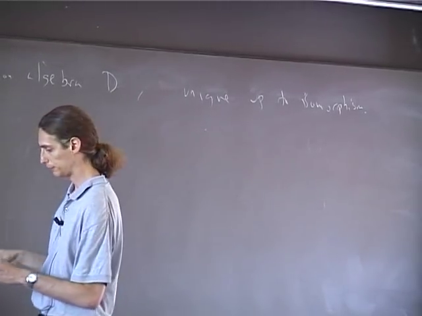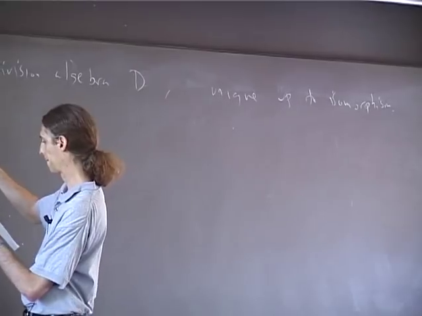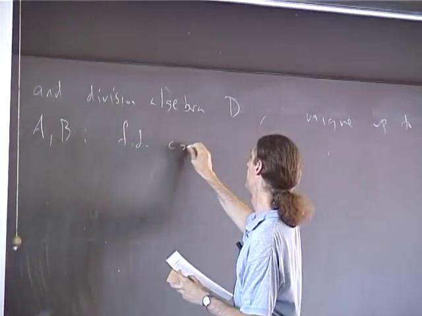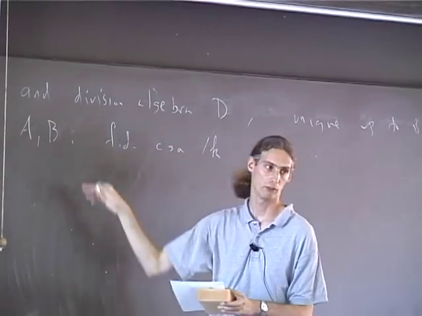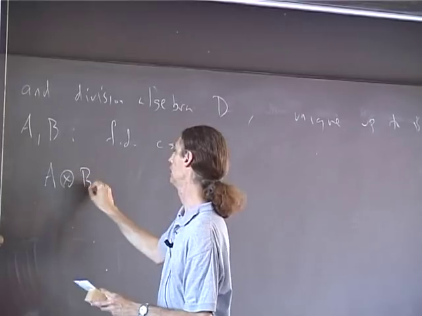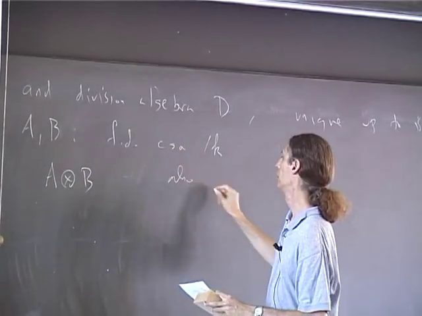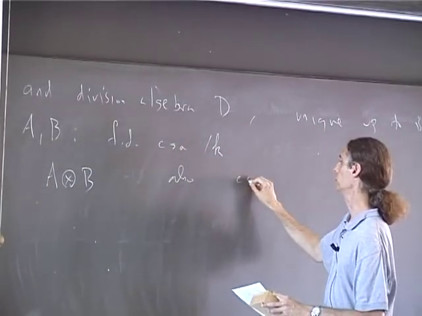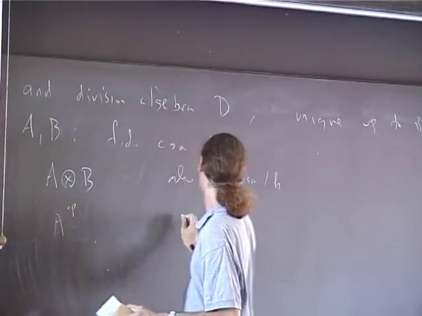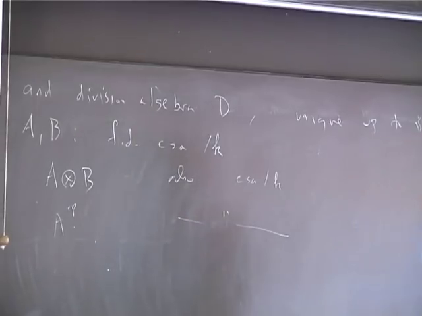So if we have two finite dimensional central simple algebras over K, then so is their tensor product. So it's also a central simple algebra, and so is the opposite.